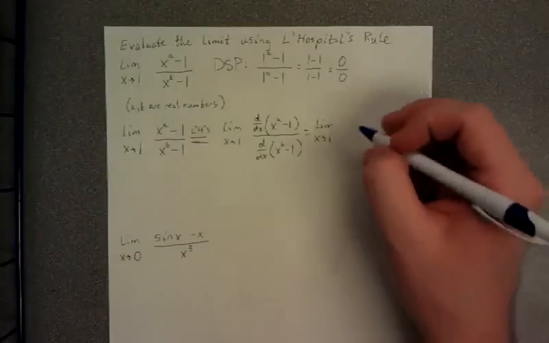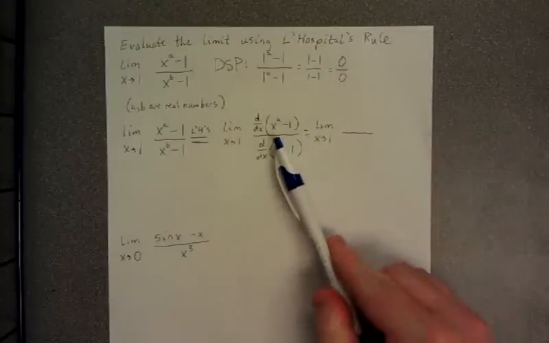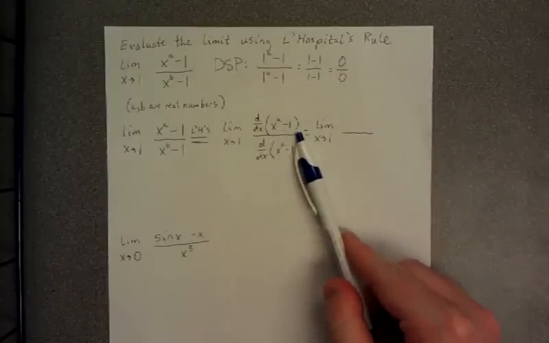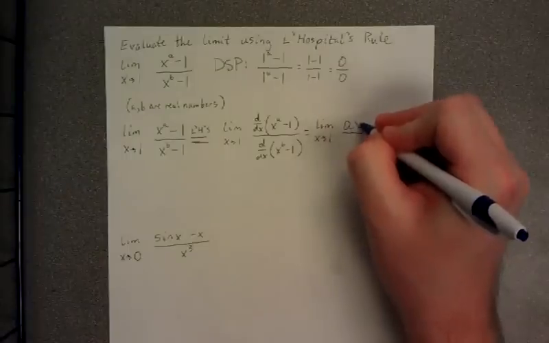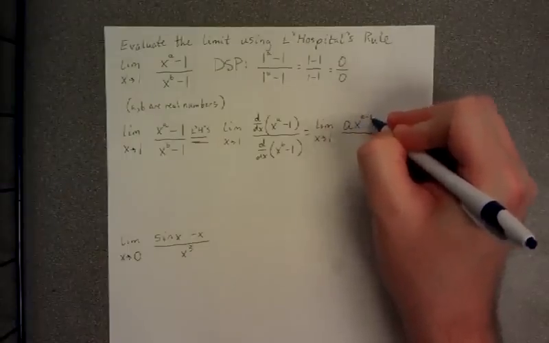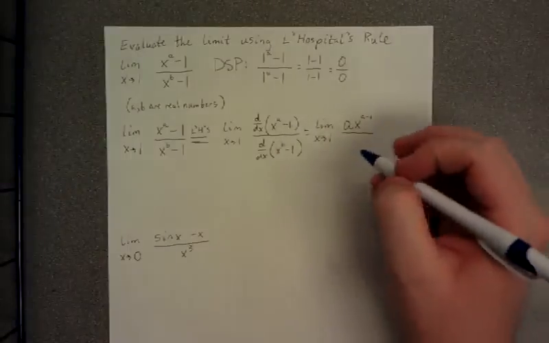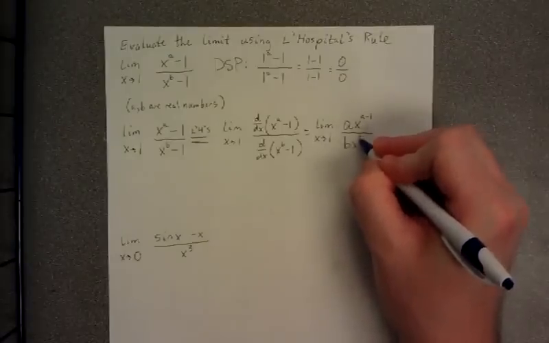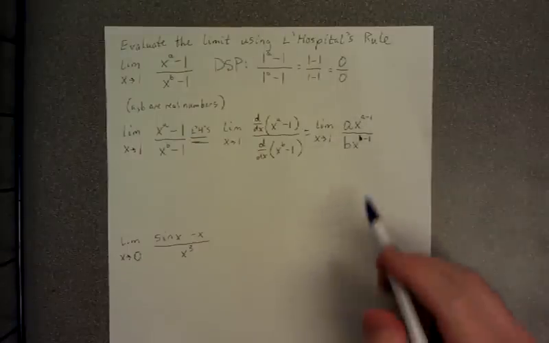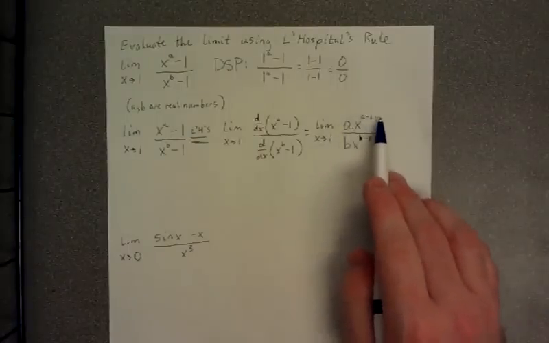Taking the derivative of the top, according to the power rule, derivative of x to the a is going to be a times x to the a minus 1 minus 0. Denominator is going to look similar. Oh, excuse me, that should be b minus 1. So we get a times x to the a minus 1 over b times x to the b minus 1.